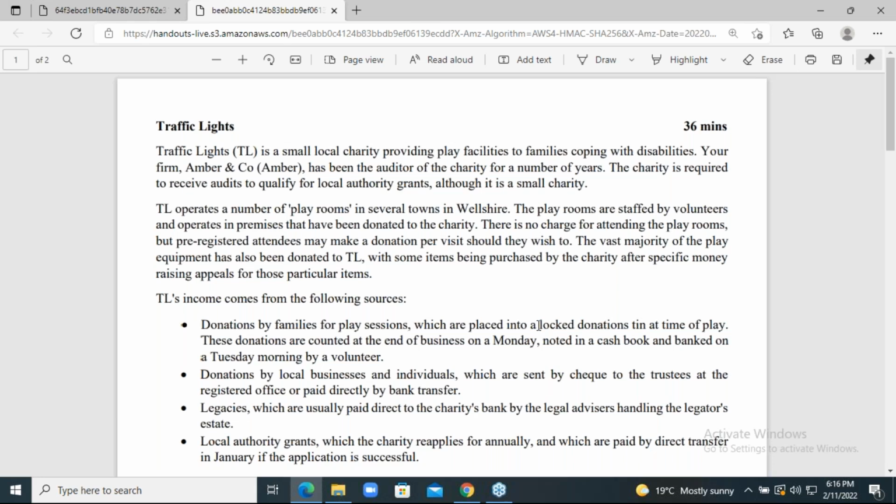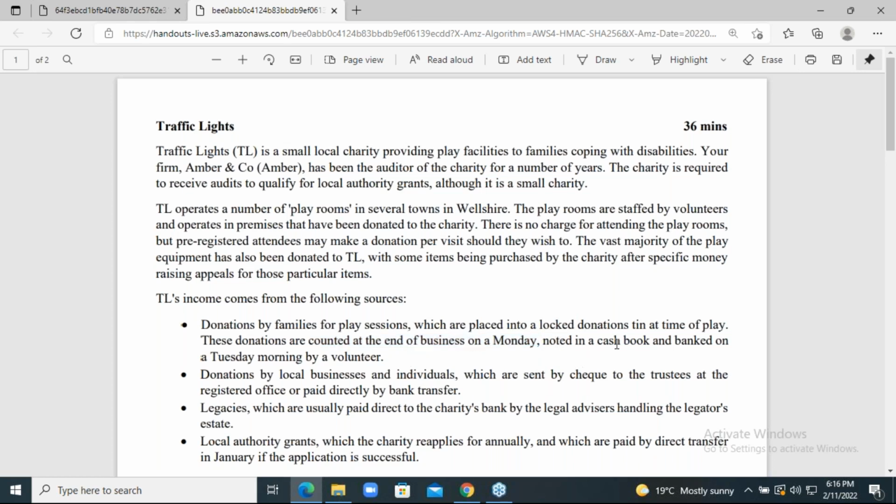So here the key to writing good procedures is the data, only the data. There are no assertions, no documents, which I told you about earlier. There is no risk. The only thing which will help you now is the data. These donations are counted at the end of business on a Monday. So visit on Monday and observe the process of counting at the end of business.